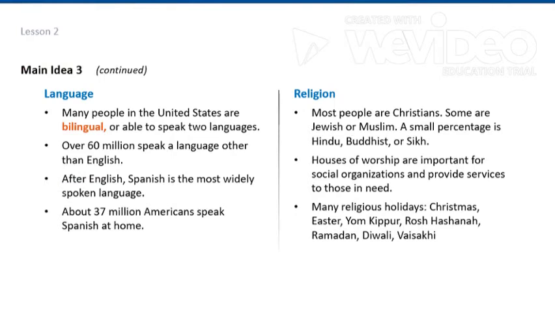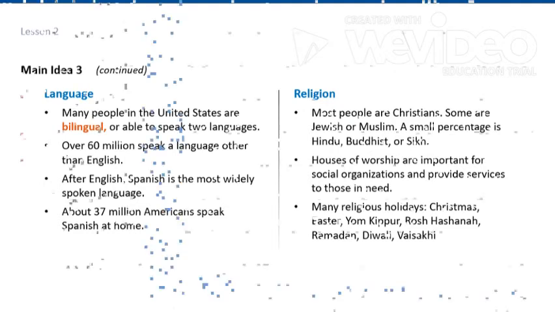Language. In many parts of the country, English is just one of many languages you might hear. Is someone you know bilingual? People who speak two languages are bilingual. Today, more than 65 million U.S. residents speak a language other than English at home.